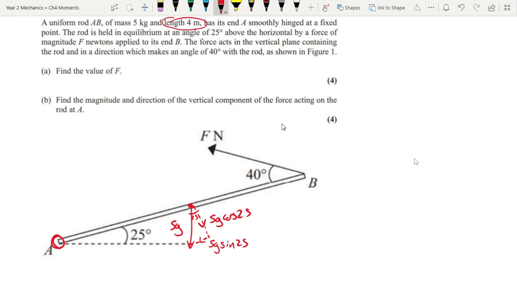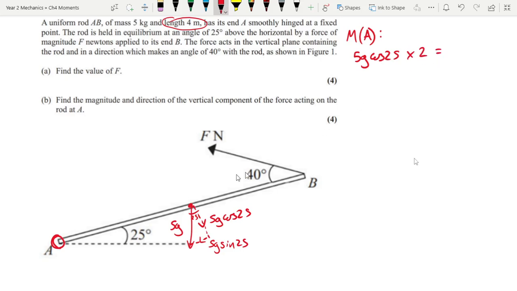So before we always had it perpendicular, but now we've got force F at an angle, which makes it slightly more complicated, but we know how to resolve forces. So the first thing to do is find force F. So let's take moments about A, so around this pivot, this hinge here. So moments about A, I'm going to have 5G cos 25, the perpendicular bit of the force, times the distance. Well, it'll be halfway, so that's times 2.